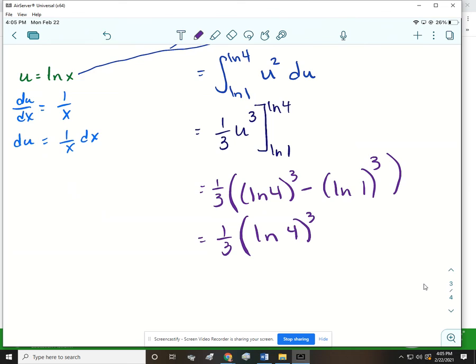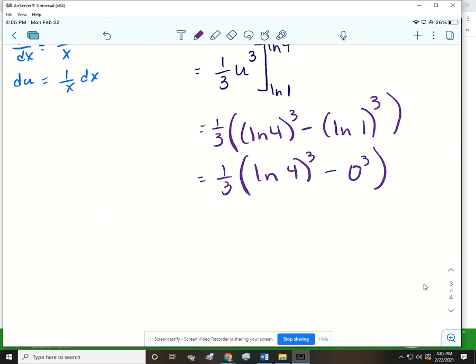But the natural log of 1 we do. So it's like asking yourself, e to what power gives you 1? So that power is 0. And 0 cubed obviously is 0. So our final answer should be 1/3 times the natural log of 4 cubed.